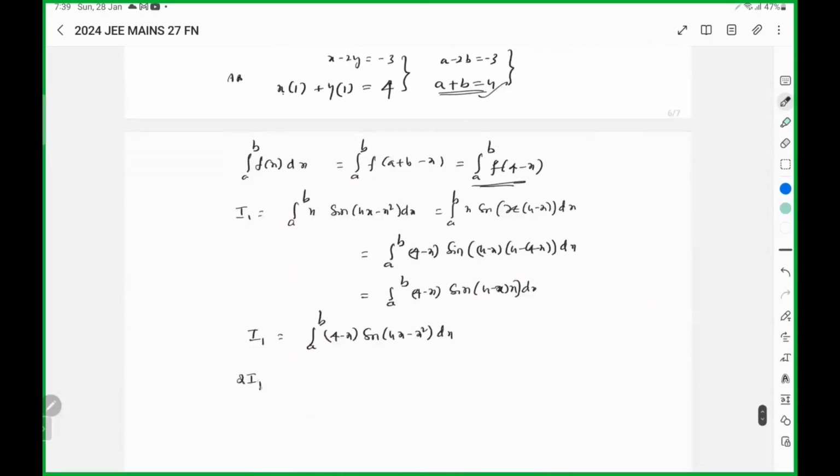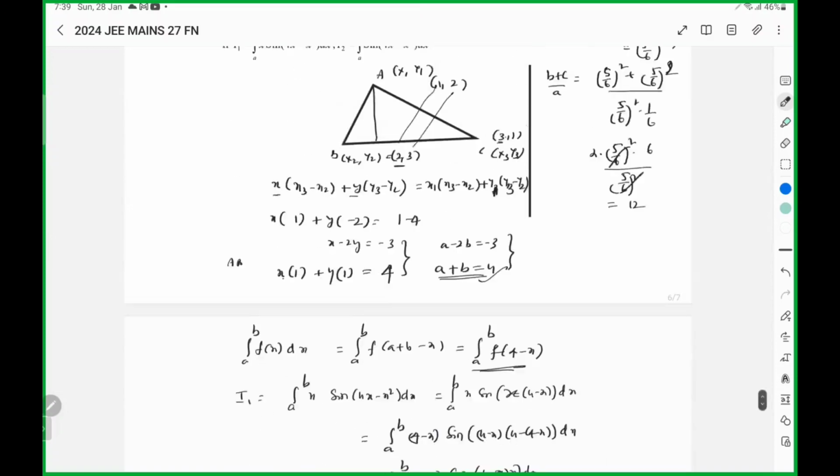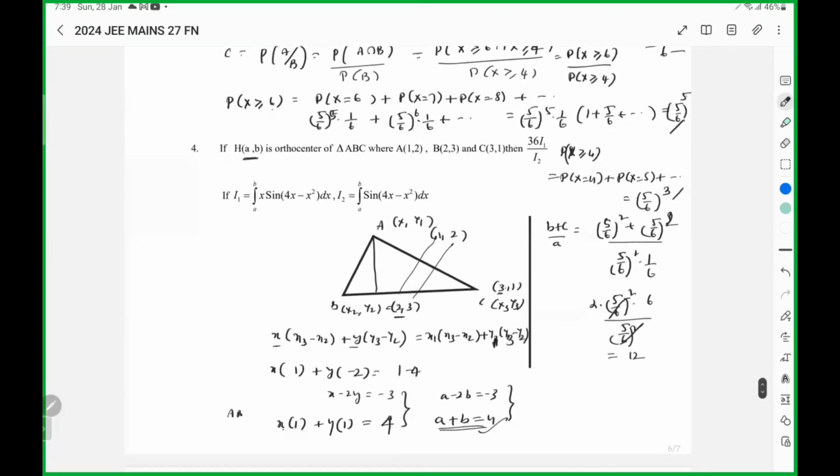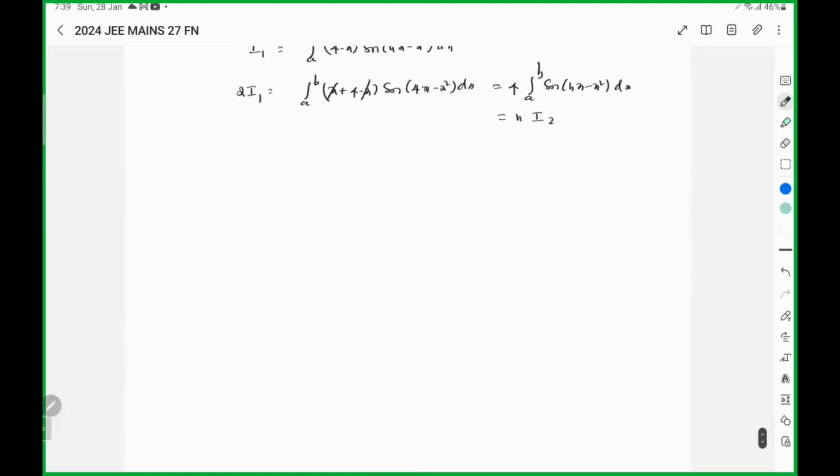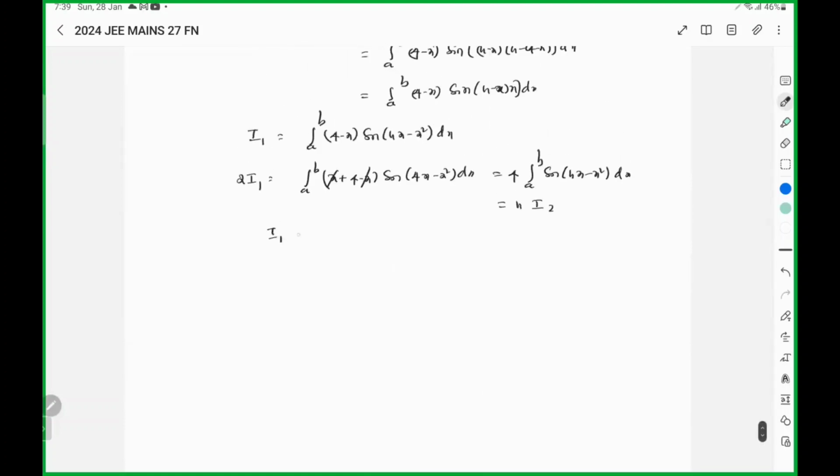So adding these two, we get integral a to b of (x plus 4 minus x) sine of (4x minus x square) dx, which is 4 times integral a to b sine of (4x minus x square) dx. This he defined as I2. So then I1 will be 2 I2.